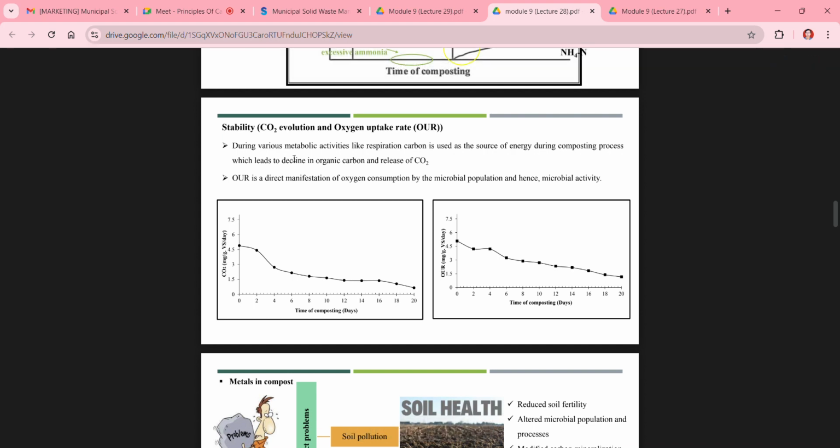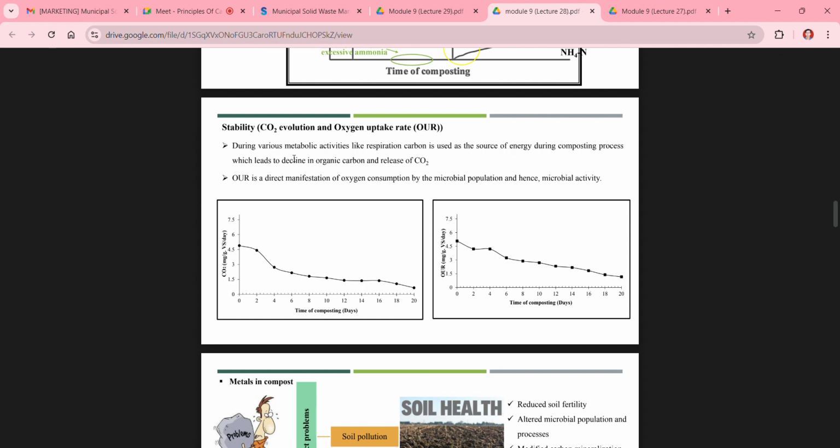During various metabolic activities like respiration, carbon is used as the source of energy during the composting process, which leads to a decline in organic carbon and release of CO2. So during the respiration process, what will happen? Some microorganisms will be there, and they will do the respiratory actions for their living.